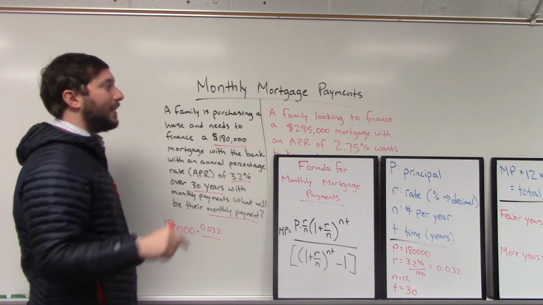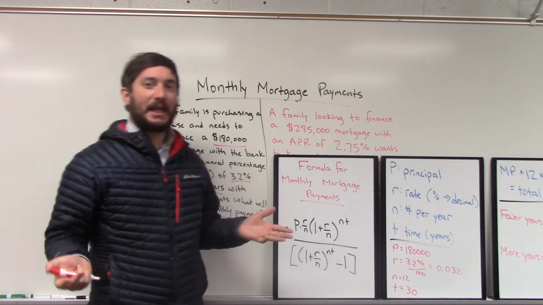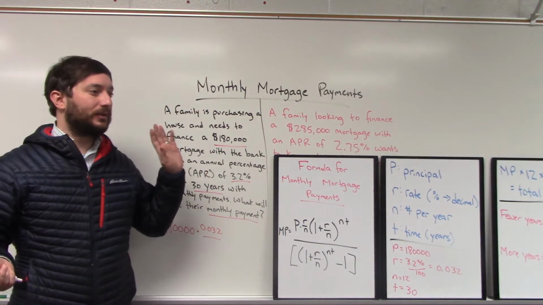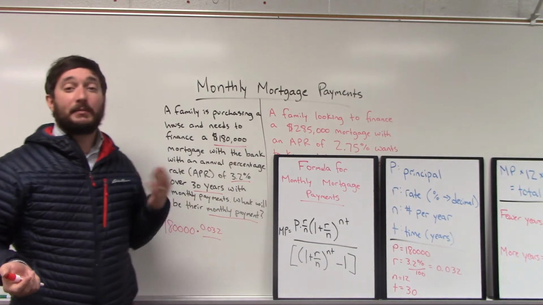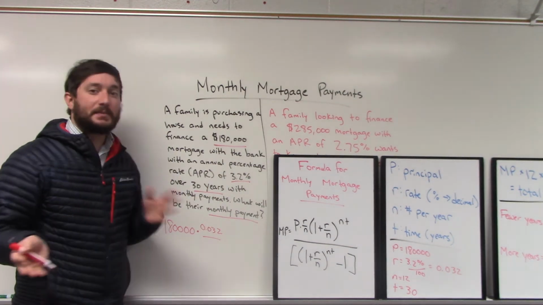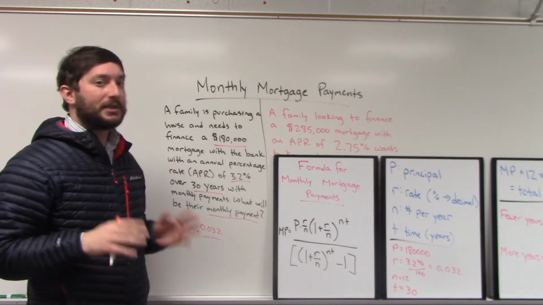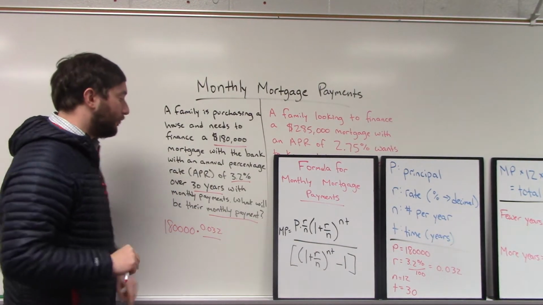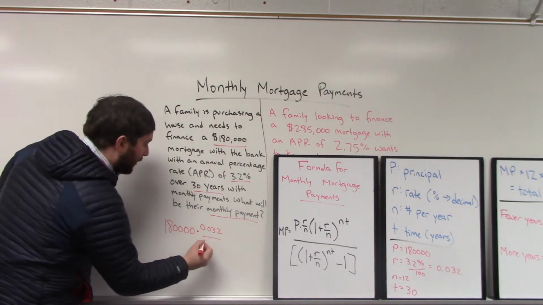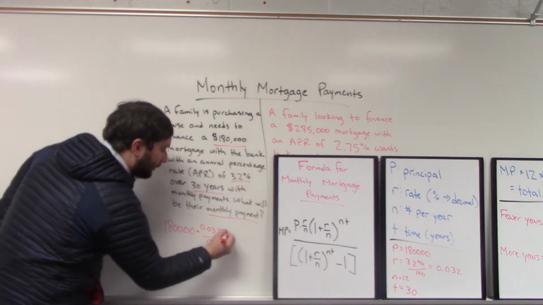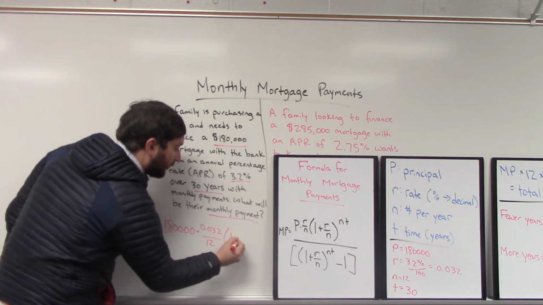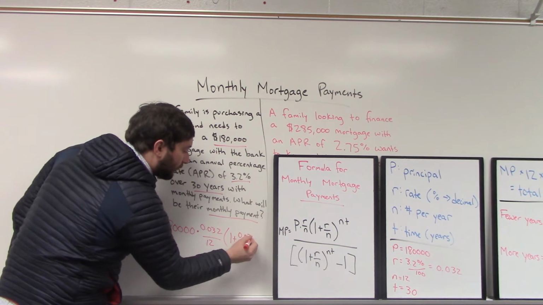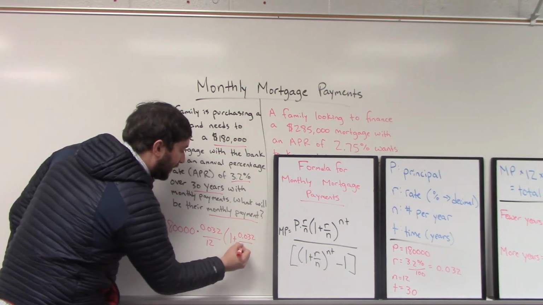Dollars and cents do matter. If you miss a payment, if you round incorrectly, okay, that can be the cost of certain types of fees for missed payments. You don't want to have that happen. Dollars and cents, exact figures do matter here. So keep that in mind. Make sure you're using all the right numbers.